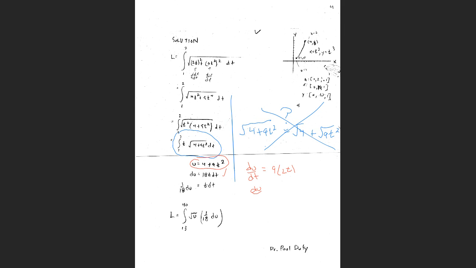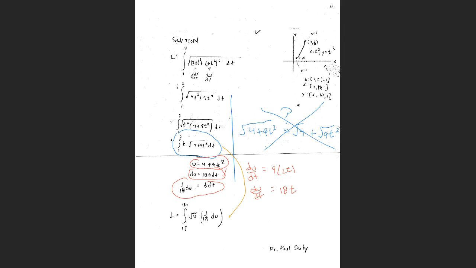So du/dt is 18t, and therefore du is 18t dt, and so t dt is 1/18 du. And this allows us to rewrite that integral in terms of an integral with respect to u.